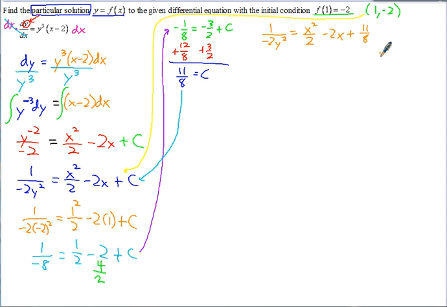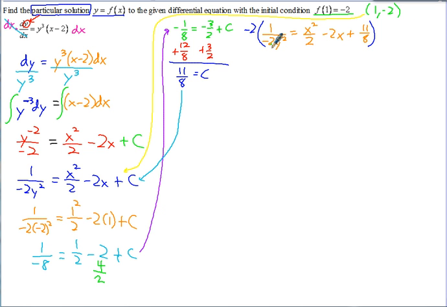And now the last thing we have to do is to make this a function, y equals f of x, it has to be solved for the variable that's on the numerator. So we want to isolate the y. To isolate the y, there's different ways to go about it, but it's probably easiest if you get rid of that -2 first by multiplying this entire equation by -2.